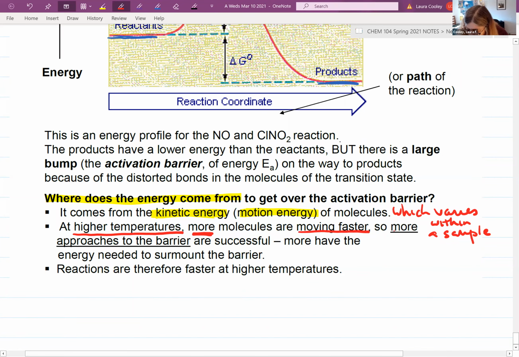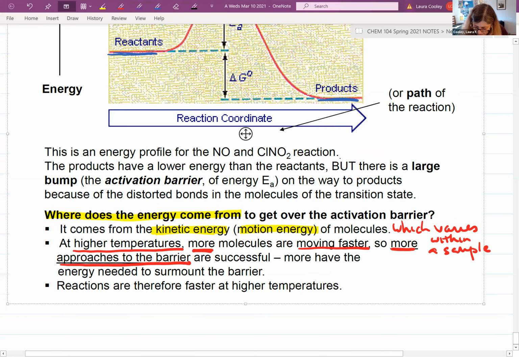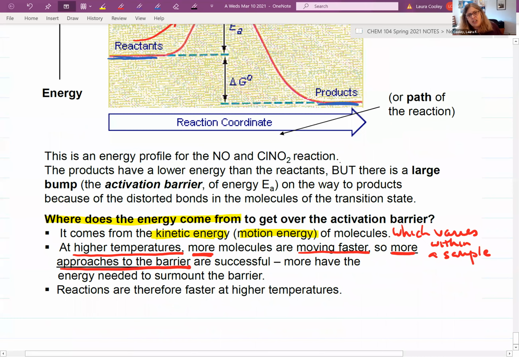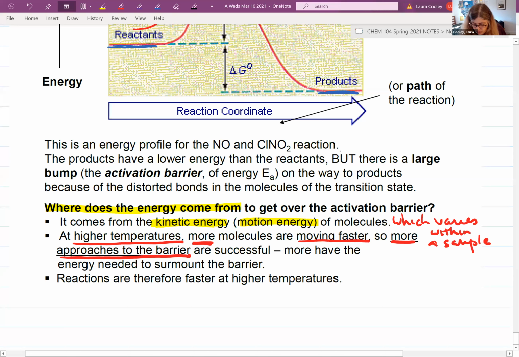What that does is it means that more of the approaches to this barrier will end up being successful because they will have the energy needed to go over the barrier. And so temperature is very important, which is why we spend a whole lab doing the temperature dependence of reactions and the temperature dependence of the rate constant.